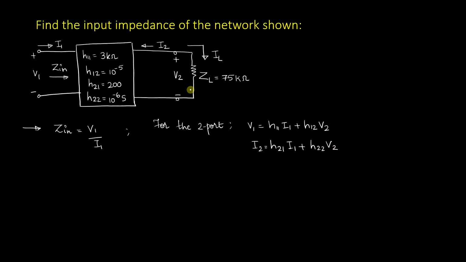And if you look at the output side, you can see that the load resistance, which is represented as ZL, is equal to 75 kilo ohms.